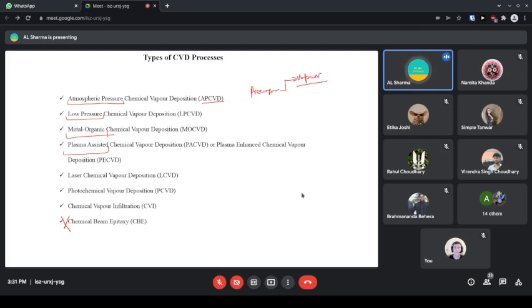That is the important criterion: whatever you want to deposit over any substrate, those materials need to be first converted into vapor. Whatever method you opt for this conversion to vapor, the nomenclature changes accordingly. Once these vapors are formed, you have to work with some reactive gases also, by which the material is going to come and deposit over the substrate.